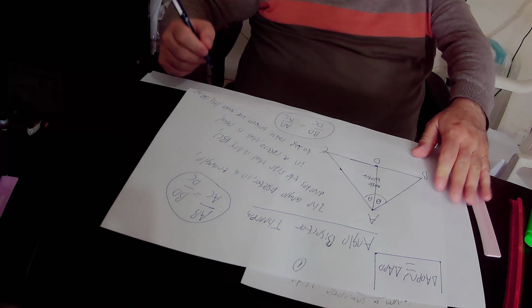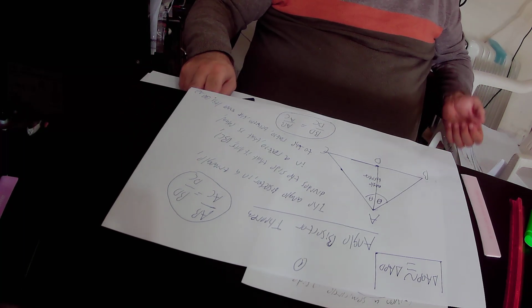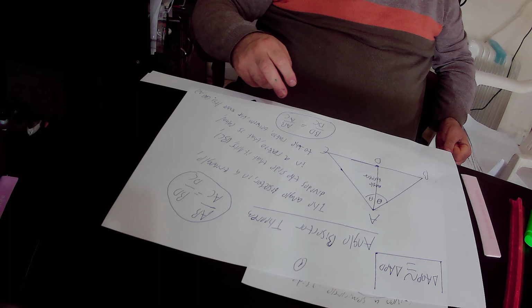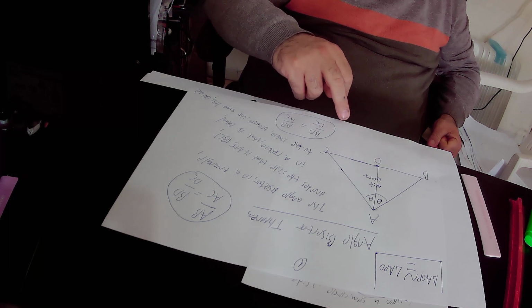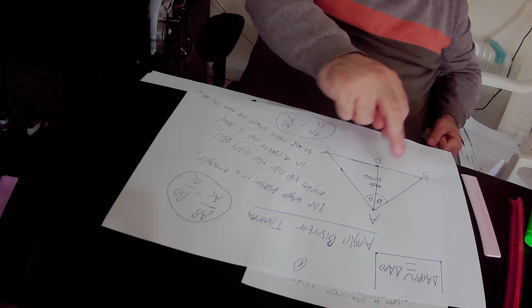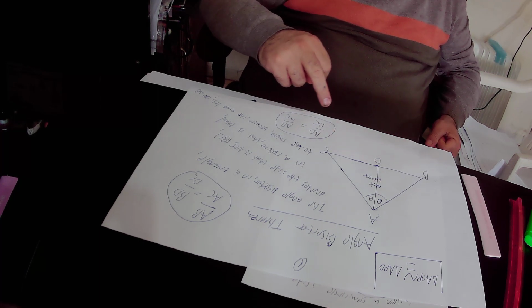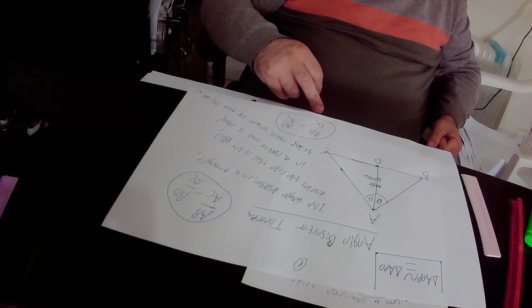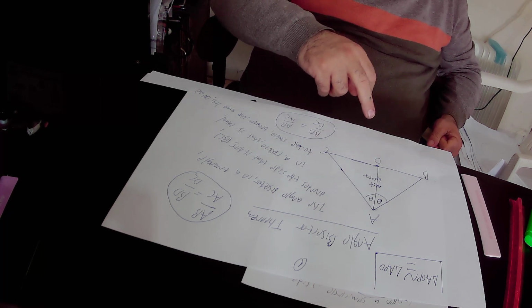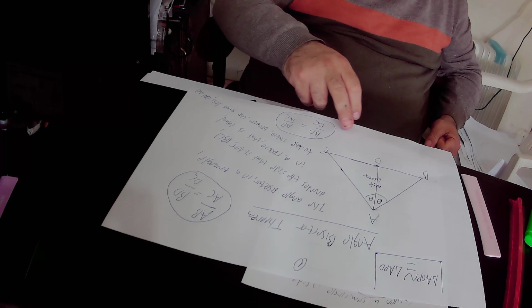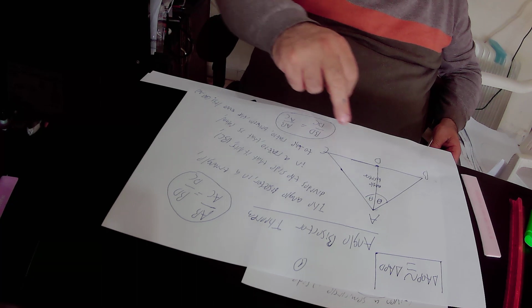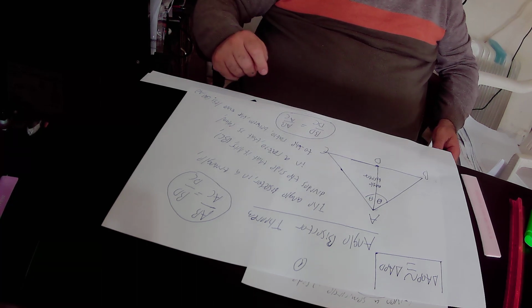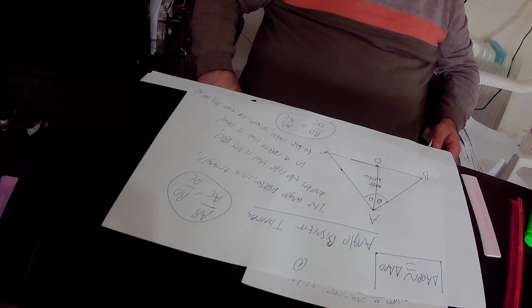That is to say, the ratio between the legs of the angle that has been bisected, AB over AC, equals the ratio that angle bisector AD divides side BC, and that ratio equals BD over DC. I repeat again.